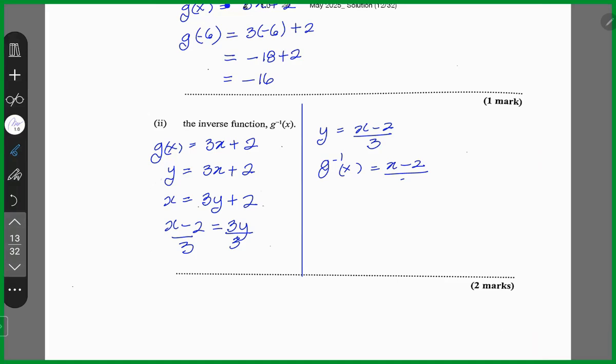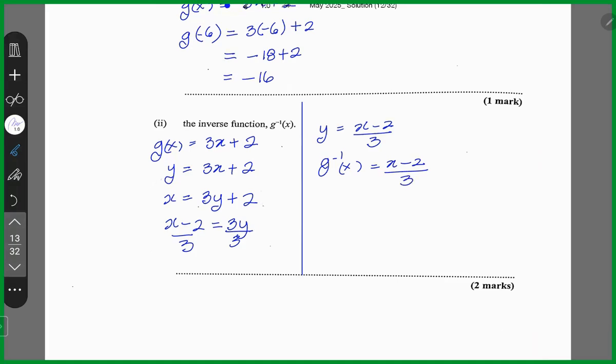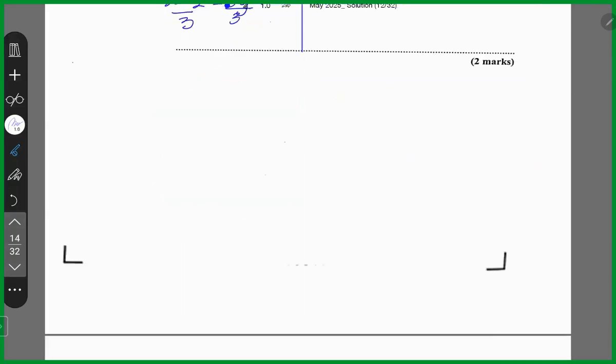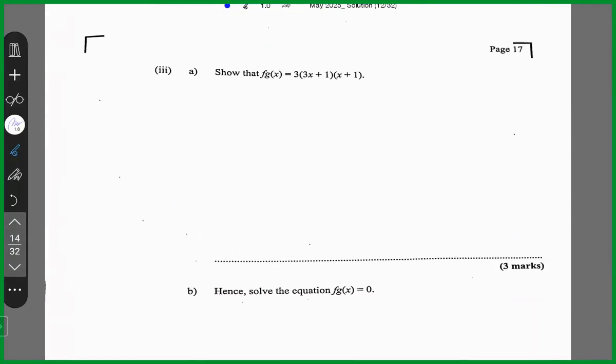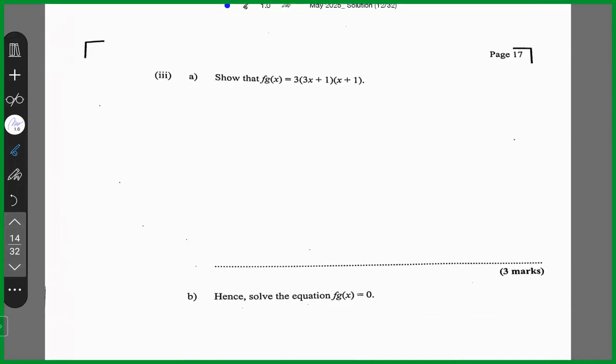Next, we're to show that f of g of x is equal to 3 into 3x plus 1 multiplied by x plus 1.